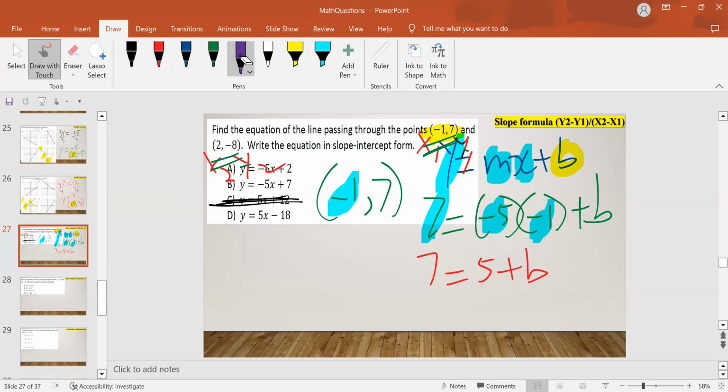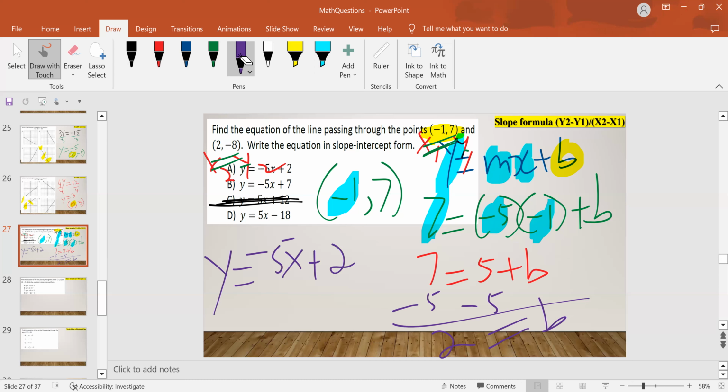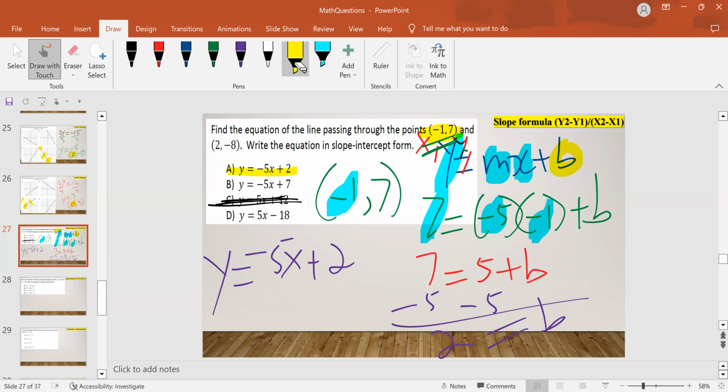Therefore, to solve for b, I will subtract 5 on both sides. So I have 2 is equal to b. So b is 2. That means the equation will be y is equal to -5x plus 2. The best choice here is the first one. So it is A.